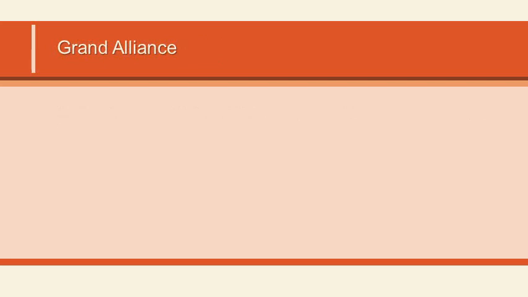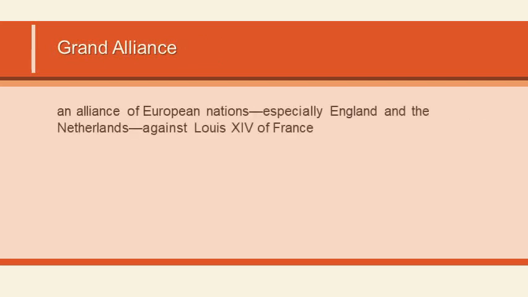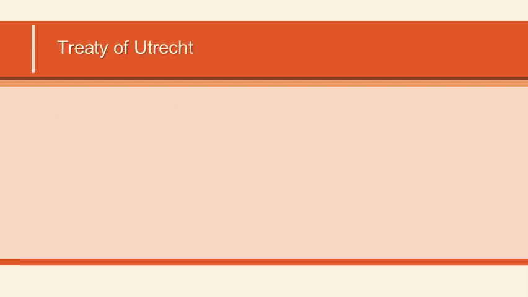Okay, the Grand Alliance. This is moving into the last section. So these countries that fought against Louis XIV in the War of Spanish Succession. The Treaty of Utrecht is what resolved it, ended the War of Spanish Succession.